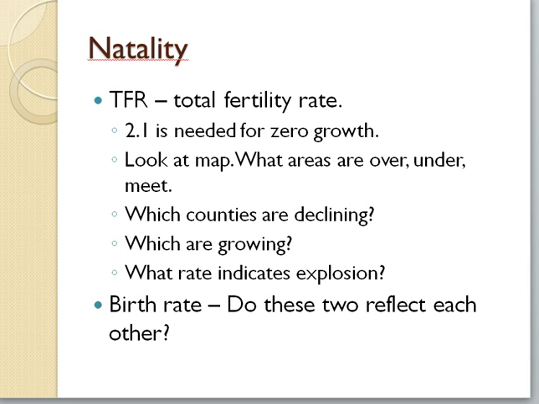If a country has a total fertility rate of 2.1, it means that that country is at zero growth. If it has a higher fertility rate, it means that the country is probably expanding, and if it has a lower fertility rate, it means that the country is not at replacement.